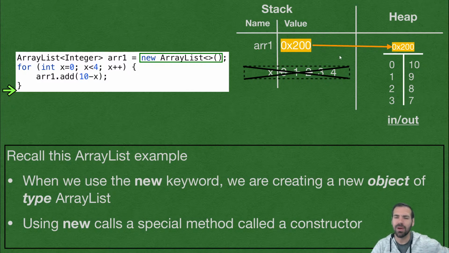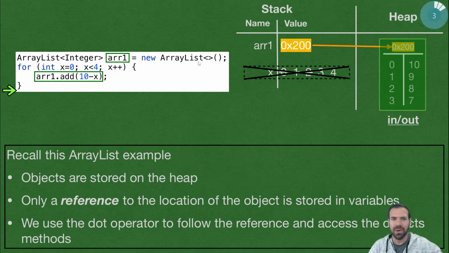Then we can go over to the heap using the dot operator, follow the reference, and make changes to this object. We just saw that with a player object that we created, and that's the same thing the ArrayList was doing. When we created the new ArrayList, we called its constructor, and that's that special method that's going to create a new object.